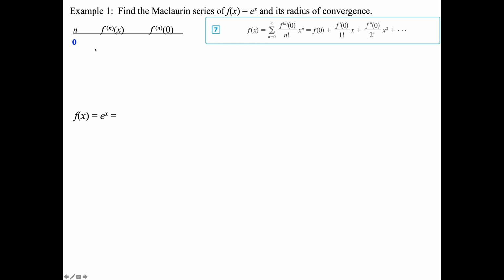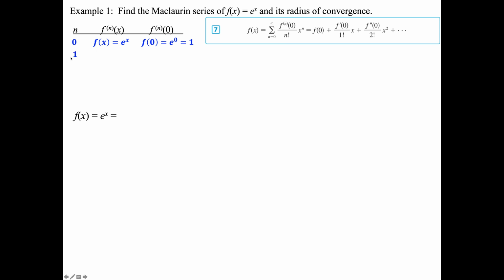So when n starts at 0, that's f with the 0 up here. That's your normal function. F of x is e to the x. Then we're going to plug in 0 into our function, and e to the 0 is 1.